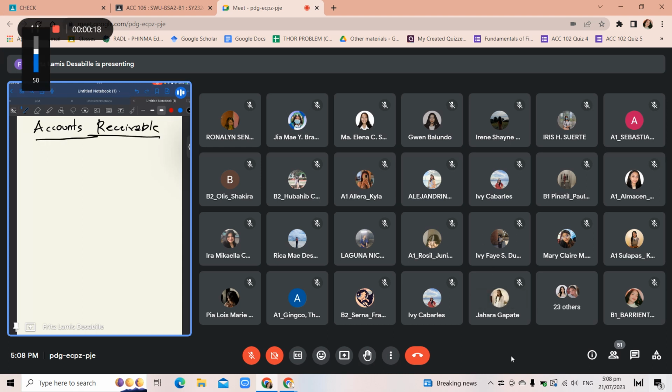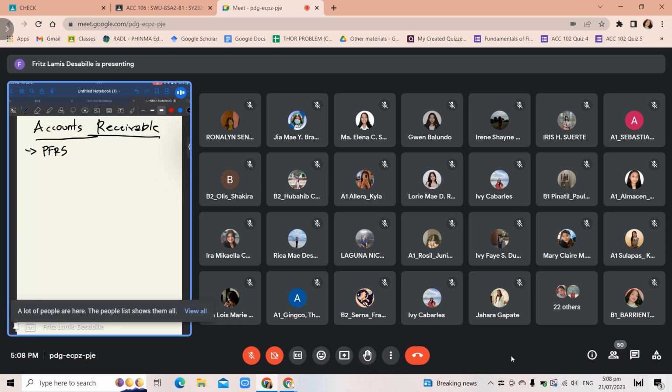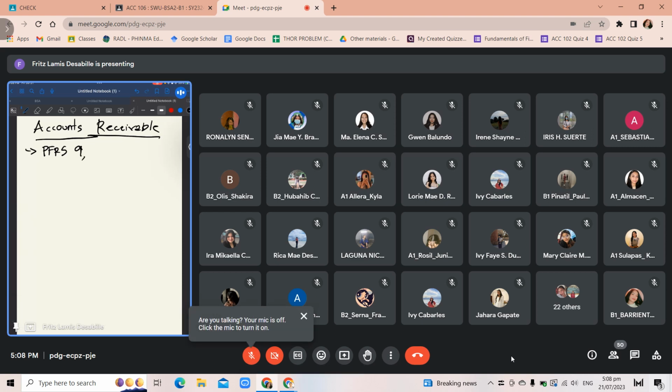So by the way, guys, the standard that deals with accounts receivable is what we call PFRS. Well, mainly, no, dagan ni siya standard nga deal sa accounts receivable, pero ang main jud nga standard is PFRS 9, financial instruments.